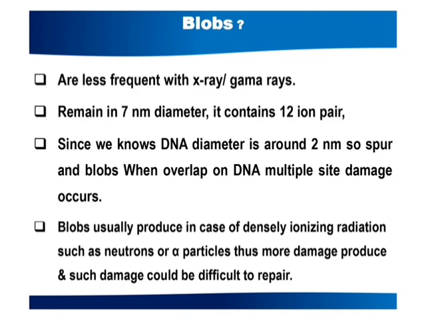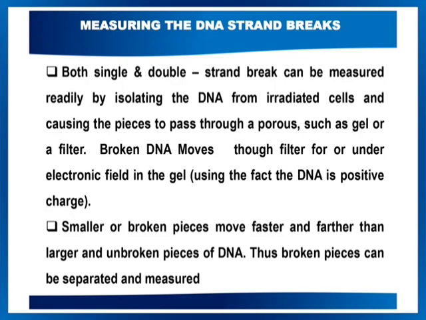You first irradiate the cells, and then cause the pieces to pass through a porous filter such as a gel, the broken DNA segments moving through the filter under an electrical field in the gel, using the fact that DNA is charged, so that it will go towards the electrode. Smaller and broken pieces of DNA will move towards the cathode area, and from there they can be separated and measured. Then we know how much DNA damage happens.